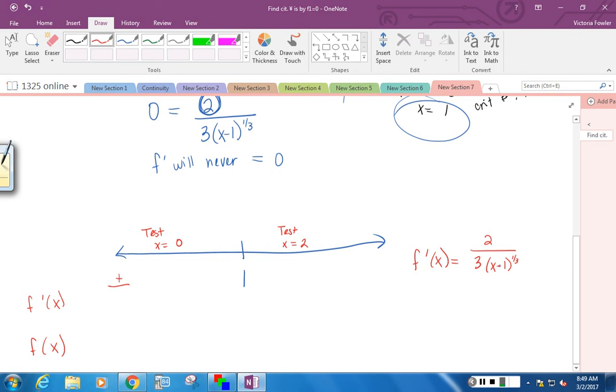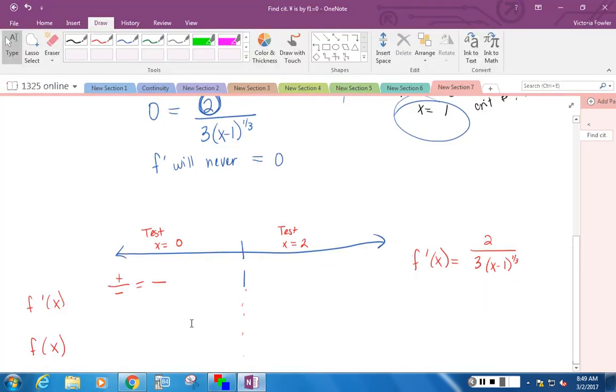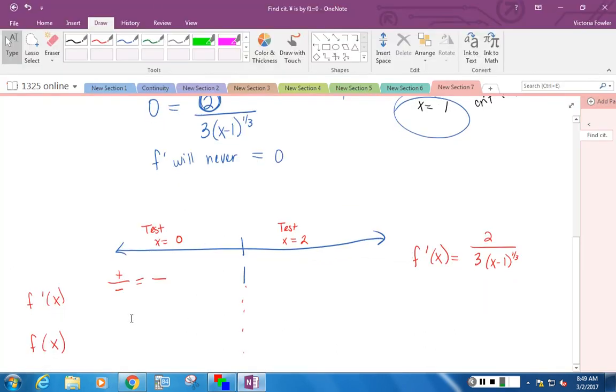So I'm taking the cube root of negative 1, which is negative. So I have 3 times a negative, so I get a negative on the bottom. Positive over negative is a negative. So my derivative, f prime, is negative, which means that my function is decreasing anywhere on that interval to the left of that critical number, x equals 1.